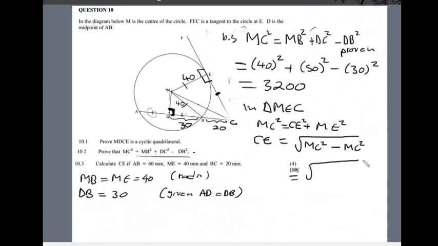So MC squared is 3,200 from here. ME squared is equal to 40 squared, right? So 3,200 minus 40 squared gives 40. So CE will be 40 millimeters. That is the length of CE. Okay.